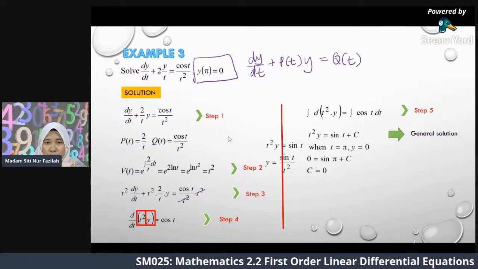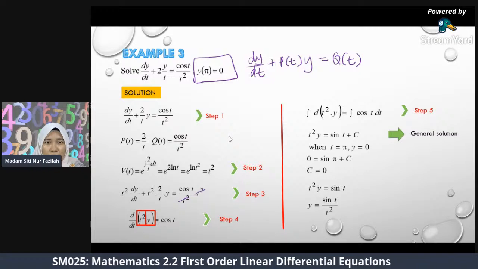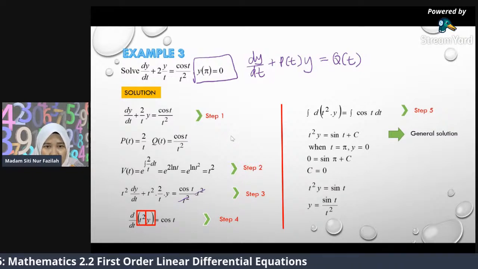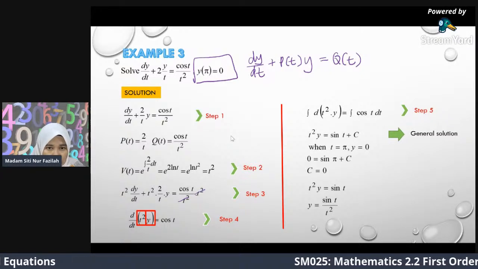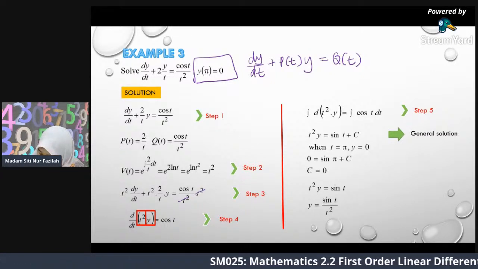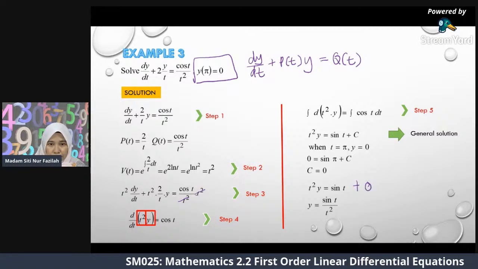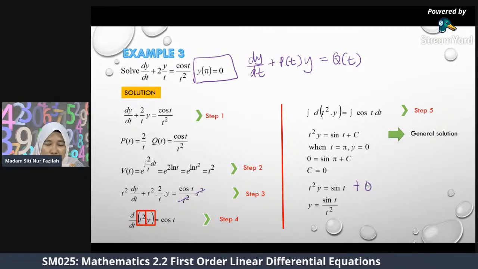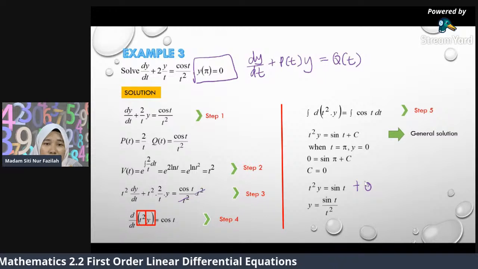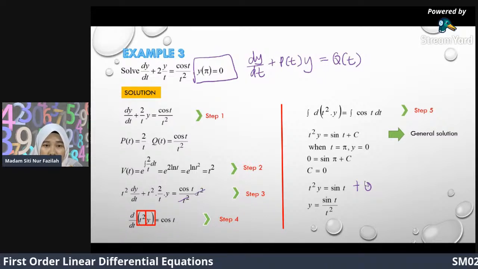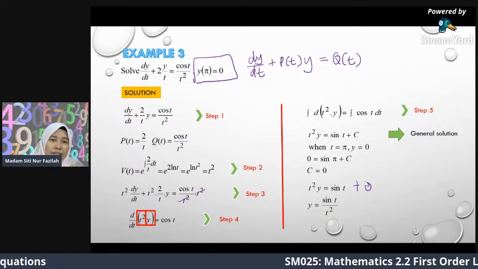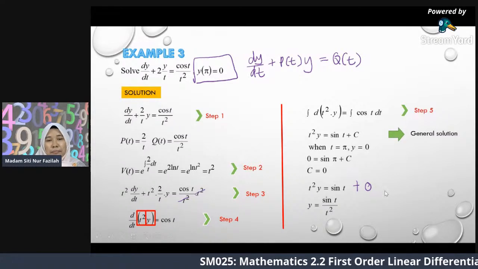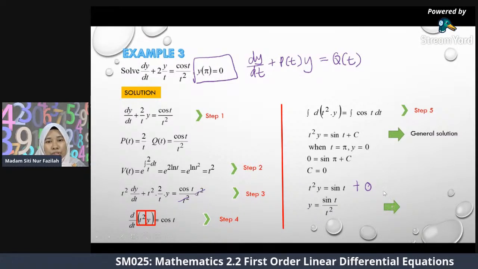Then we substitute the value of c into the general solution, and we get t to the power of 2 y equals sin t, because of the plus 0 here. Then we express y in terms of t, we get y equal to sin t over t square as the answer for the particular solution.